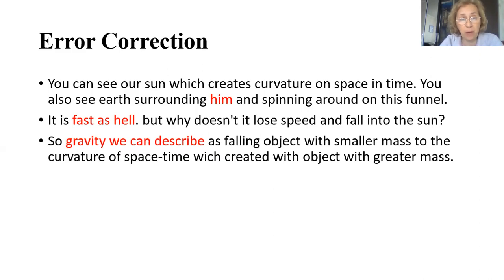Gravity can be described. If we use the passive voice, если это страдательный залог, gravity can be described. But if it is active voice, если это действительный залог, то мы начинаем с подлежащего we. Тогда мы можем описать гравитацию. We can describe gravity as falling object, blah, blah, blah. Do you see?